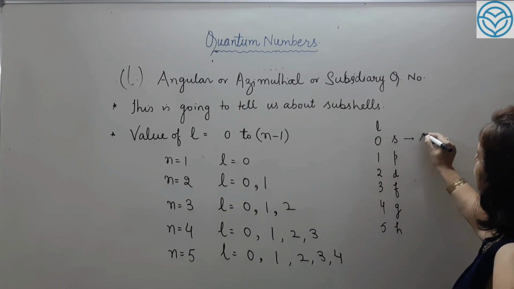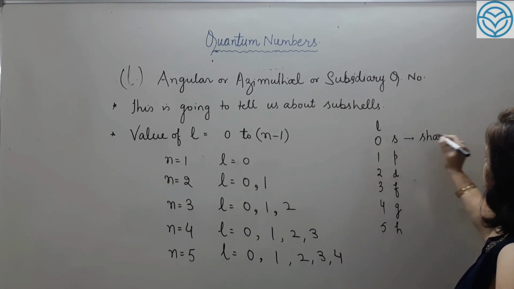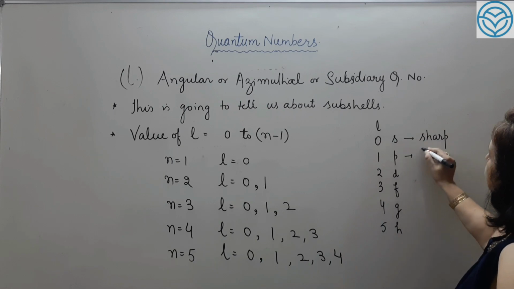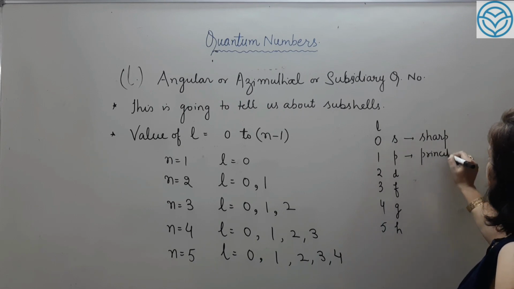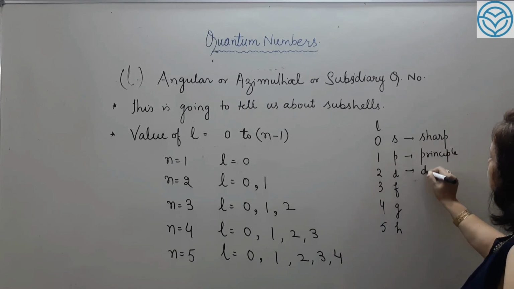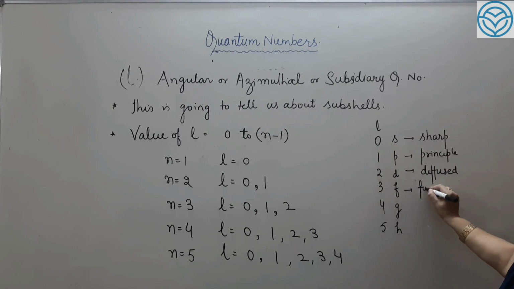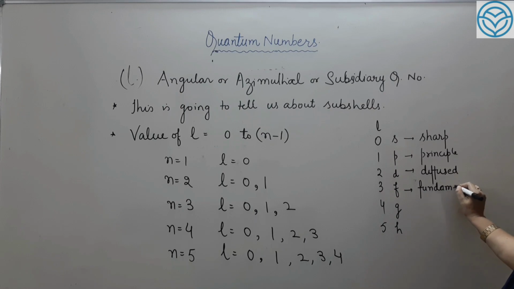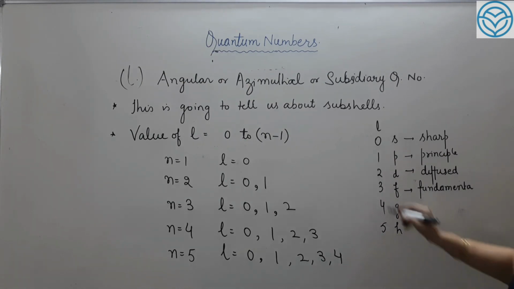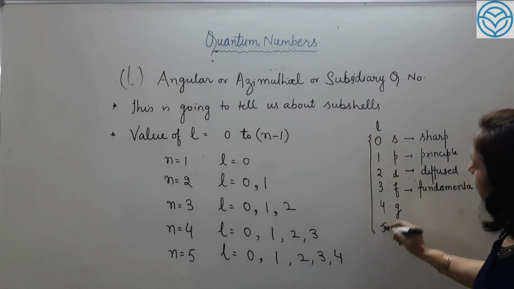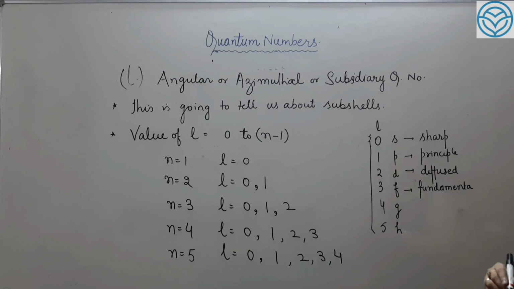S is from sharp, P from principal, D from diffused, F from fundamental, and then after F we have alphabetical G, H, I. These are going to be alphabetically selected.